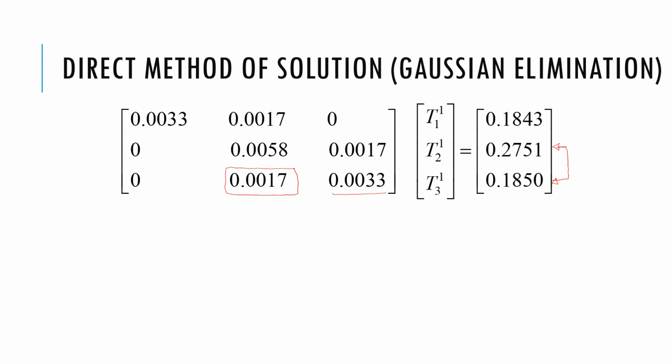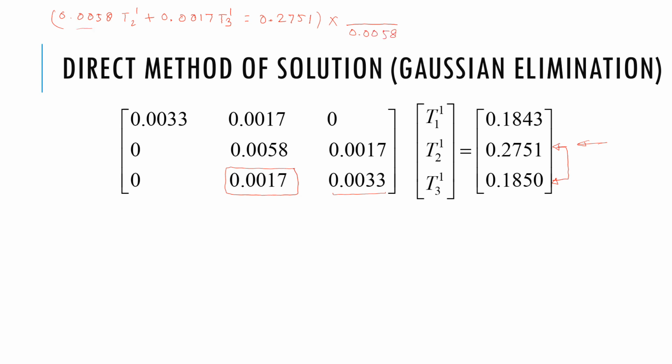So if you take the second equation, T21 plus T31 is equal to 0.2751. Now multiply and divide this equation. So I divide it by 0.0058.